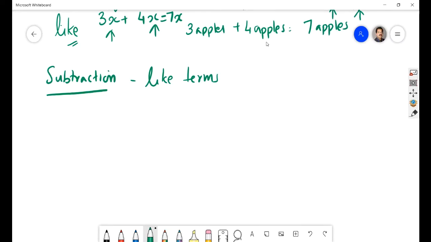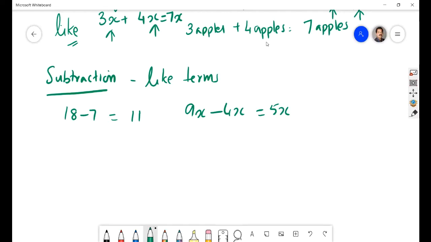For example, just like how if you subtract 7 from 18, you simply subtract and write the answer as 11, the same way, if it is 9x minus 4x, you will write the answer as 5x. 9 minus 4 is 5 and x are the same things.